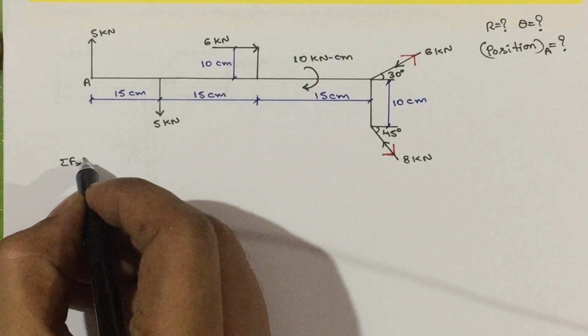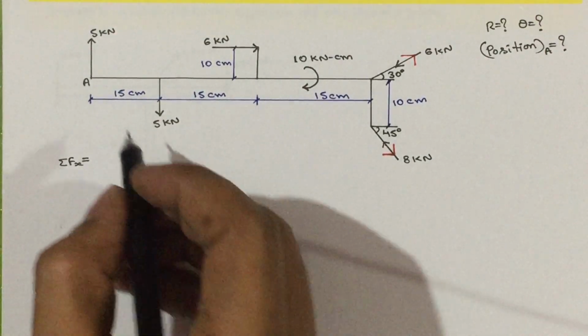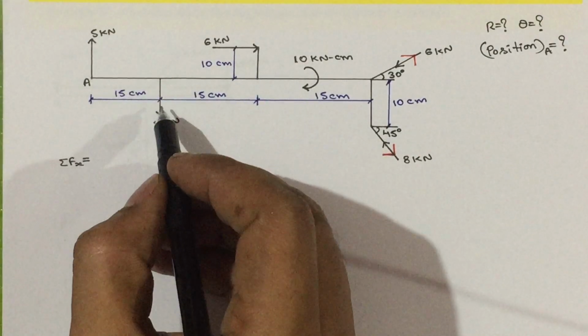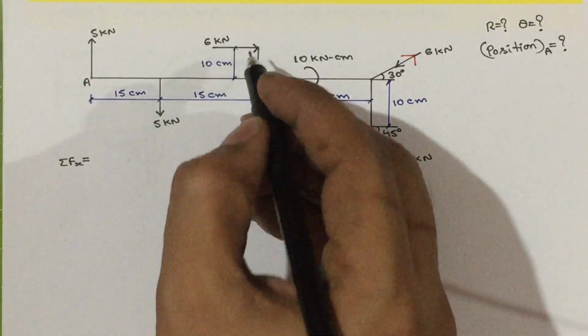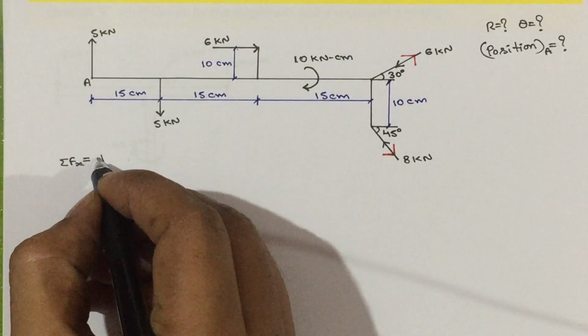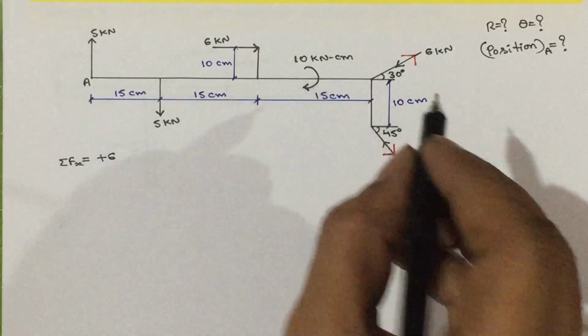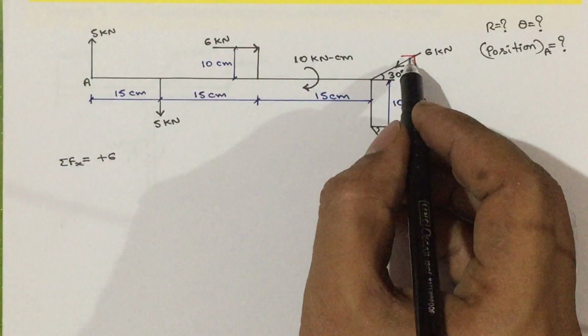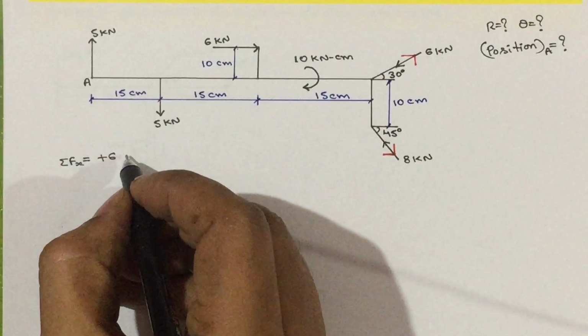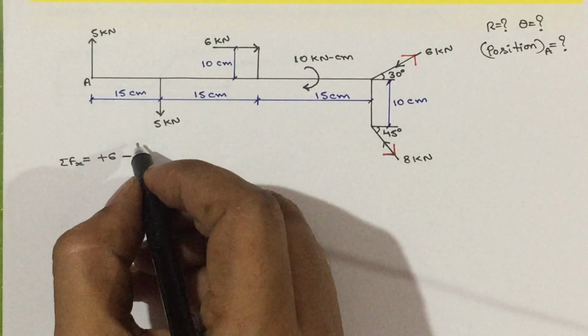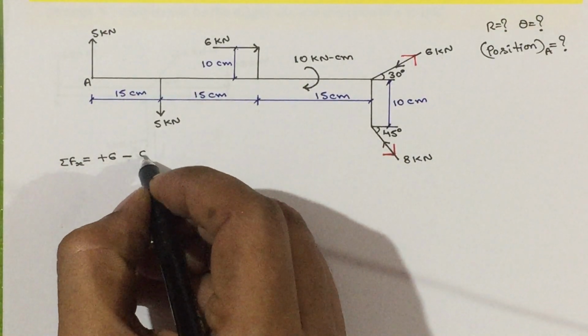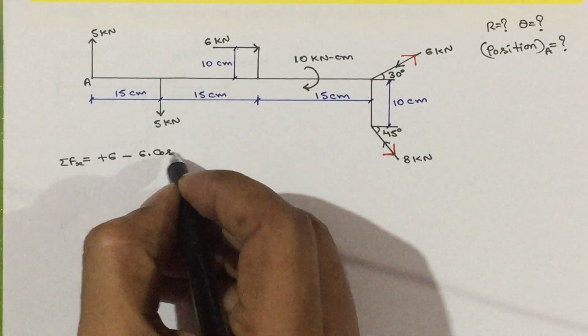Sigma Fx, that is horizontal force and horizontal component. So vertical, leave it. Horizontal force, rightward, so plus 6. Moment, leave it. Then here the horizontal component leftward, so minus. Horizontal component is F cos theta, that is 6 cos of 30.